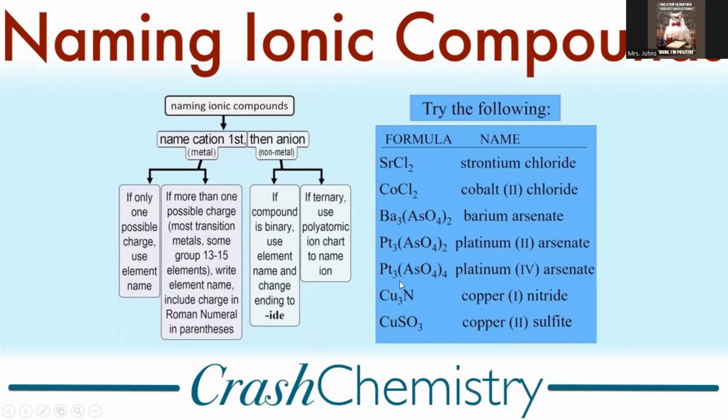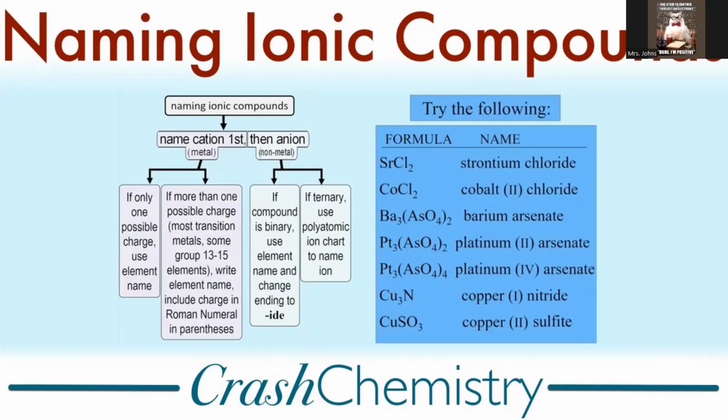And right here, we've got platinum(IV) arsenate. Since it's got a 4+ charge, it takes 4 of the 3- charge to make 12 altogether. So it's 12+ and 12- to cause a neutral compound here.